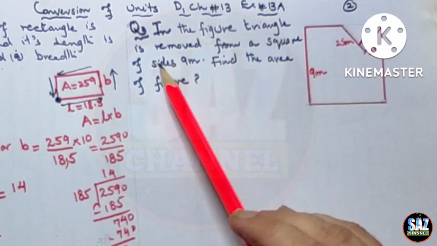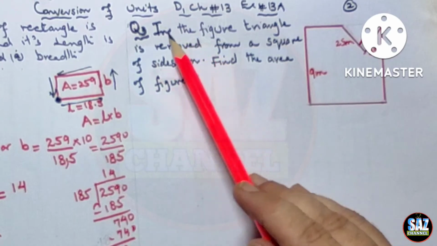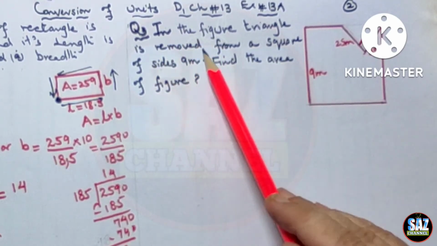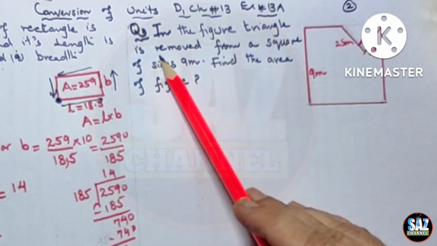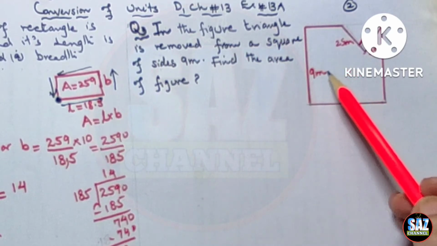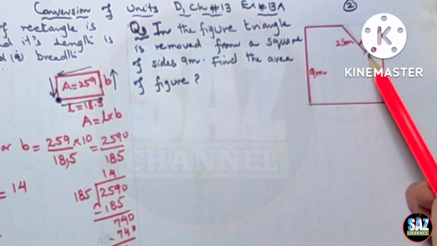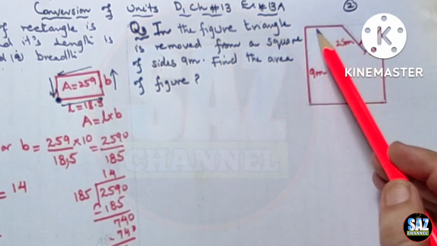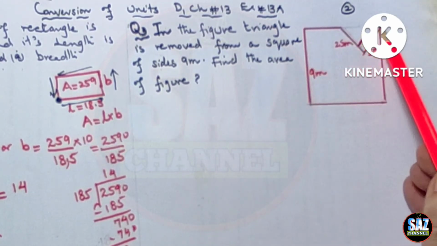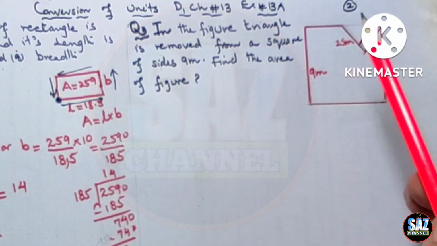Here the term removed is important. What is the meaning of removing in mathematics? When we are removing a shape, it means we are cutting, and when we are cutting the shape, it means that the original figure will no more have this part in it.